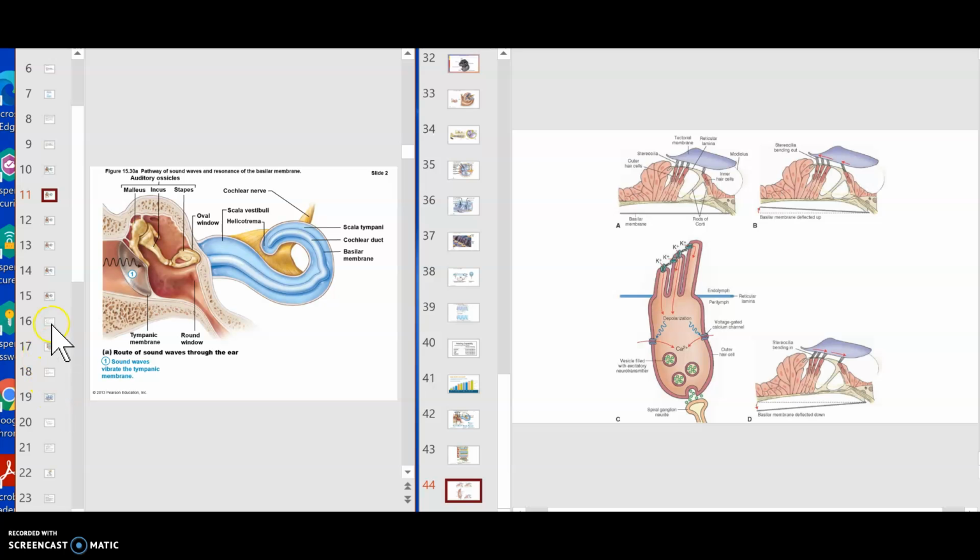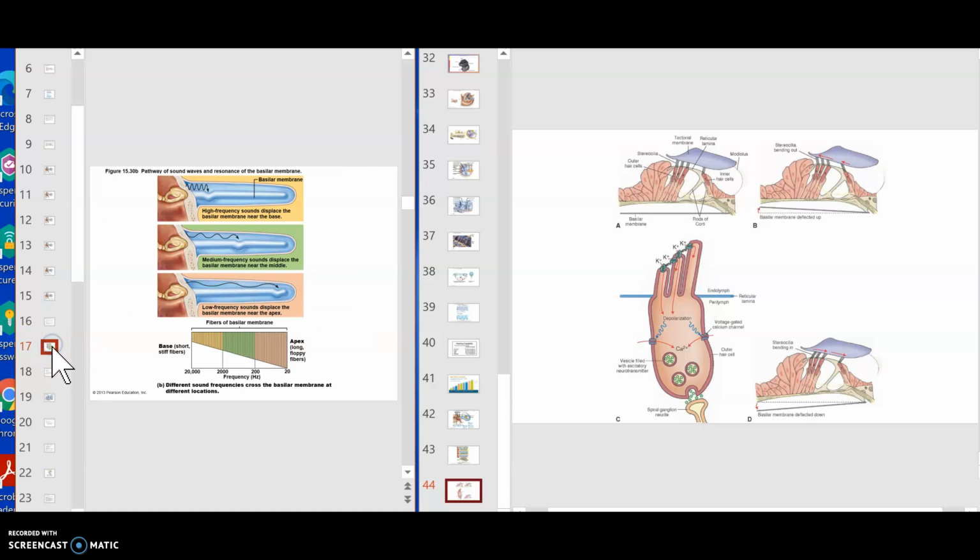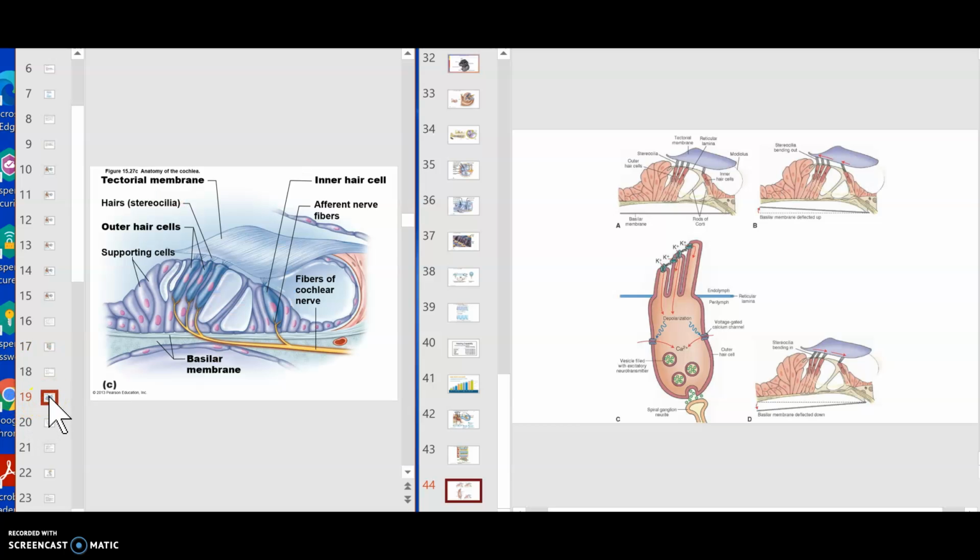So we come down here. Fibers at the oval window are short and stiff, high frequency, that would be high pitch. Those near the helicotrema are more tall and floppy, lower pitch. This is what we already talked about.